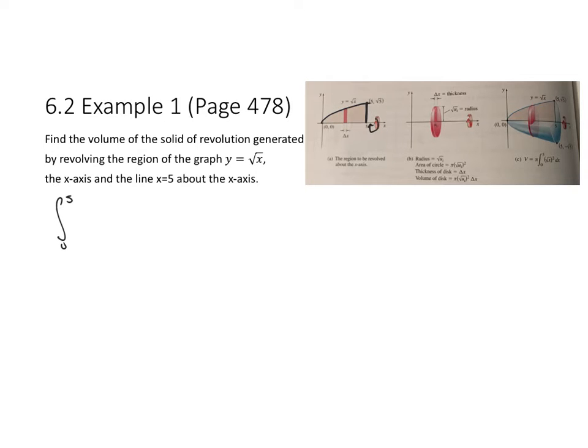So we are going to get these disks, and each one of these disks will stack up and make this solid. So my volume is going to be pi, integral from 0 to 5, of the square root of x squared dx. Let's simplify that. My volume is going to be the integral from 0 to 5 of x dx, and we know how to find that.